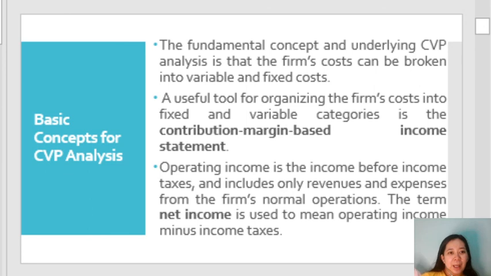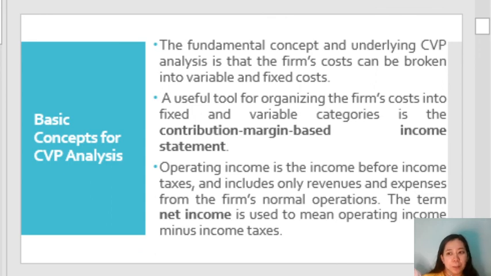Okay, so next, operating income. Here is the income before income taxes and includes only revenues and expenses from the firm's normal operations. And for net income, this is used to mean operating income minus income taxes.